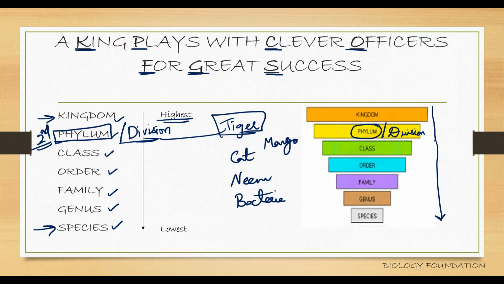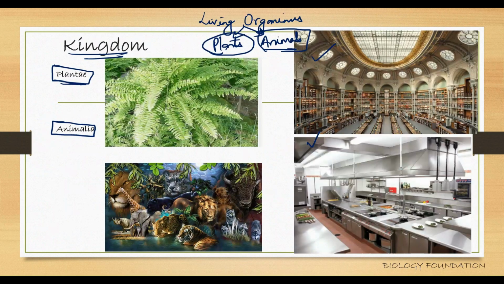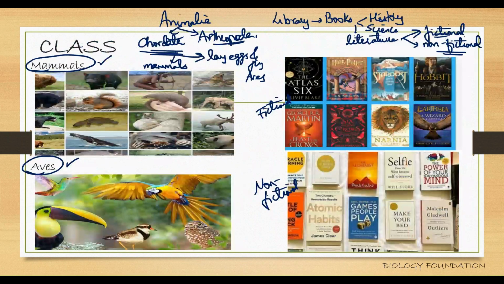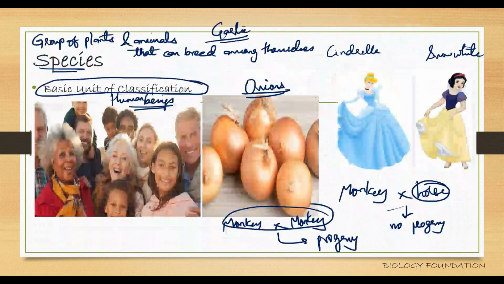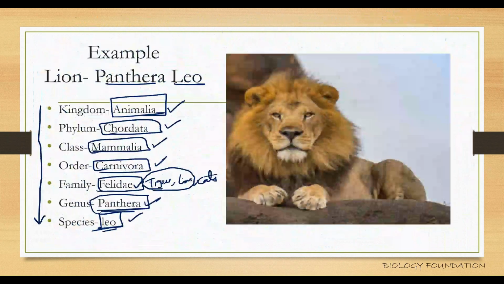And the order must be kept in mind, students: kingdom, phylum, class, order, family, genus, species. And plants belong to division, not phylum. The word division is used for plants. And I have given the example of library and explained to you each rank, starting from kingdom till species.